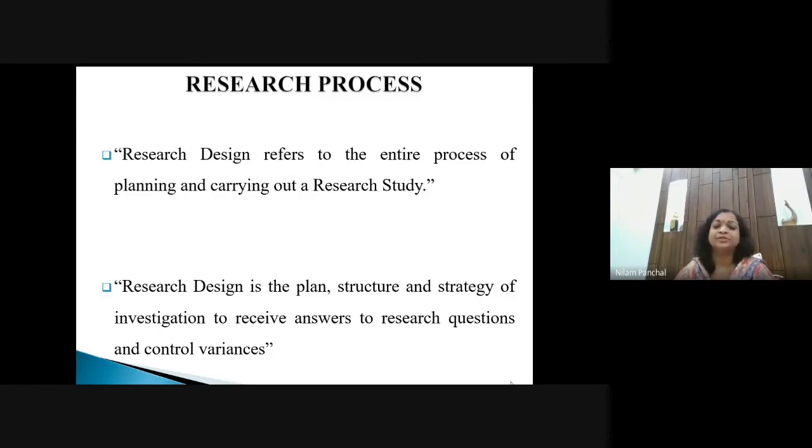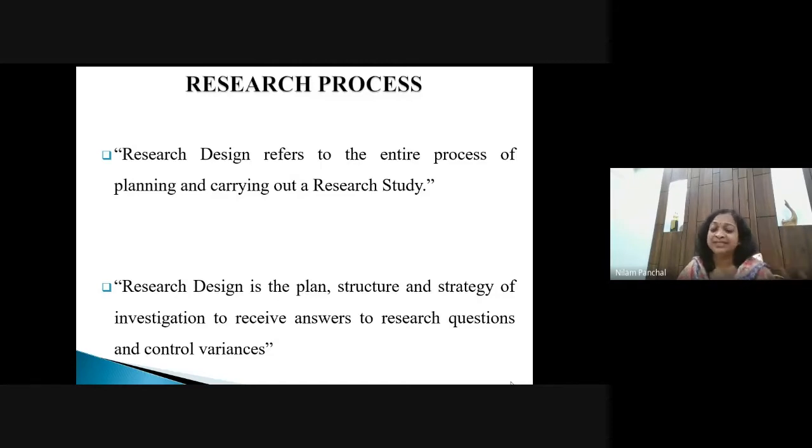Secondly, research design is the plan, structure, and strategy of investigation to receive answers to questions and control variance. Research design in general is a plan. What do you plan? You are planning from the title to the final report that you are going to draw. You're planning the structure, you're planning the strategy. Strategy for what?